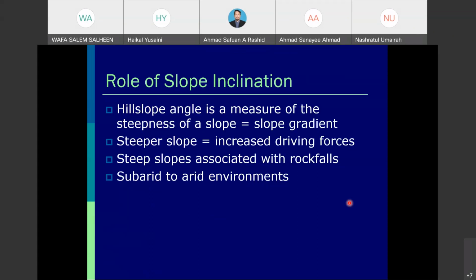A steeper slope increases the driving force, as we have discussed previously. Steep slopes are associated with rockfall in subarid to arid environments, so these locations may contribute to the environment.